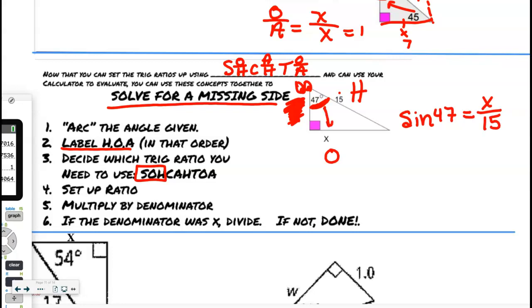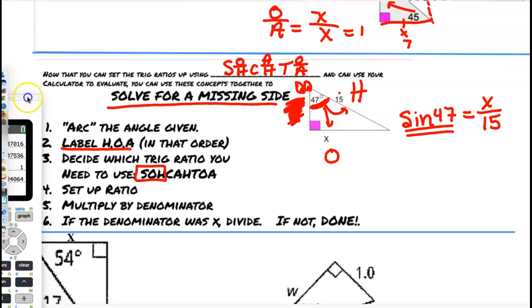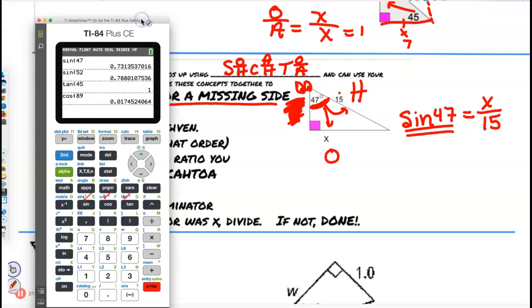Okay, so opposite over hypotenuse, so for the sine. This is a number. Now, for this first one, let's write it down, but then we won't do it again. Sine of 47 is a number. I'm just going to go to my calculator. I'm going to do sine. Actually, I did it up here. Sine of 47 is, but I'm going to do it again. Sine 47, enter.